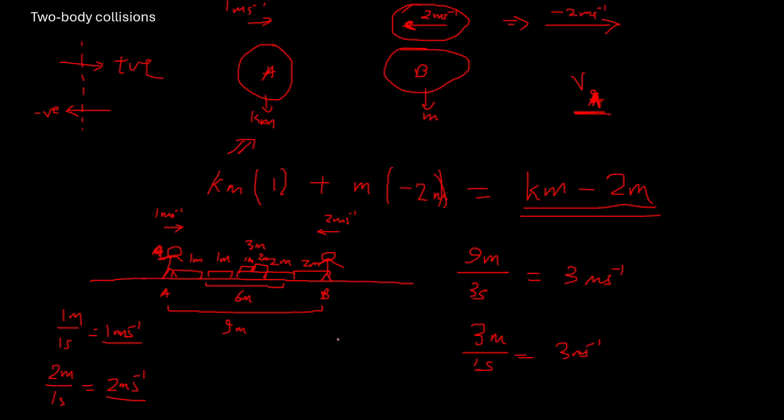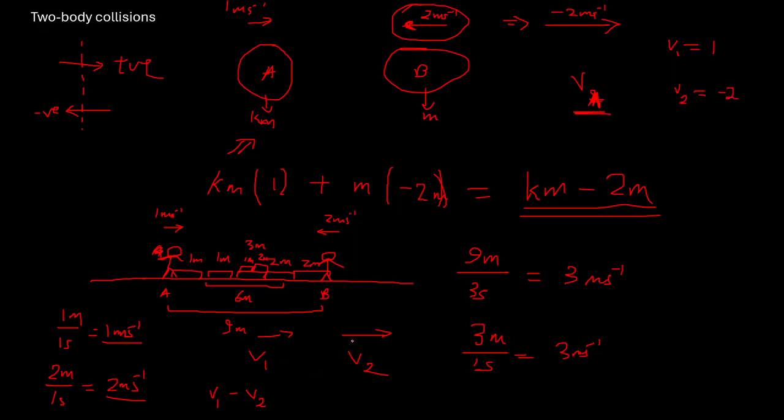This works really well, and it's just another way of saying that if you have a velocity v1 and a velocity v2 both in these directions, it's going to be v1 minus v2. In this sense v1 would be equal to 1, v2 would be equal to minus 2.